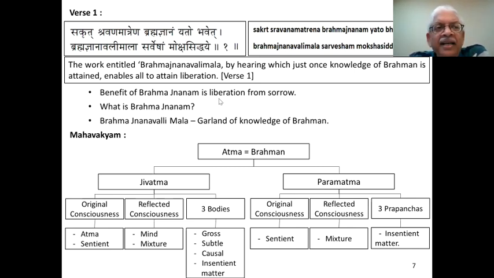And ultimately, all the impressions gathered, all the total ignorance of all the individuals put together, is called the causal prapancha, karana prapancha, which is also called Maya, also called Ishvara, also called Mula Vidya.